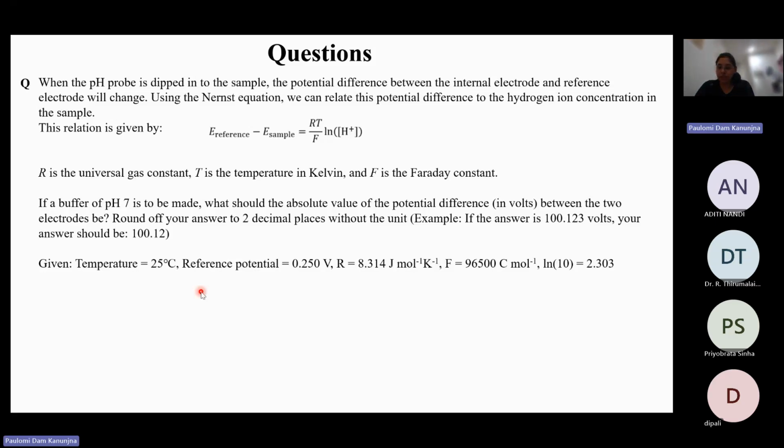This one is pretty straightforward, so this shouldn't be an issue. 0.16. Okay. Do you want to revise your answer once again? If you have taken care of the signs and the symbols, just check once again maybe. 0.16. Is it 16?